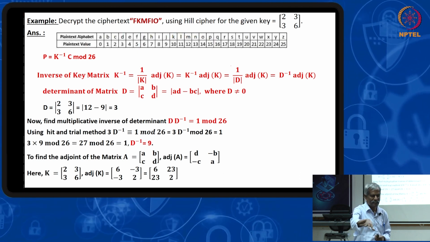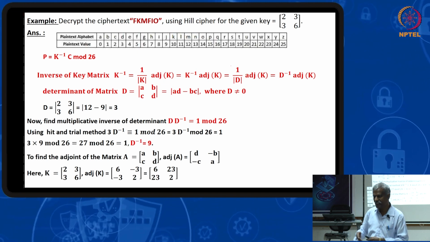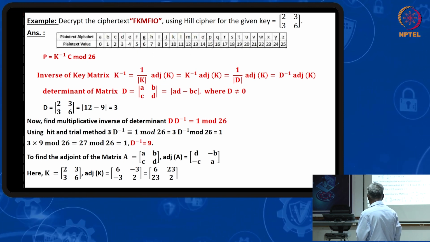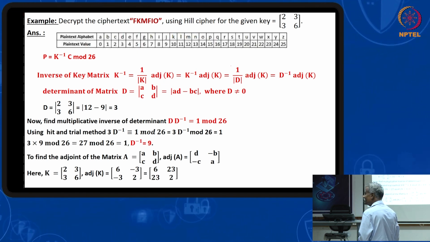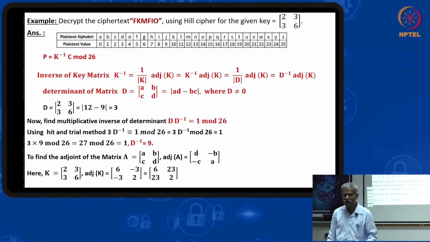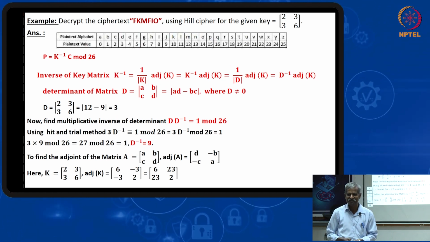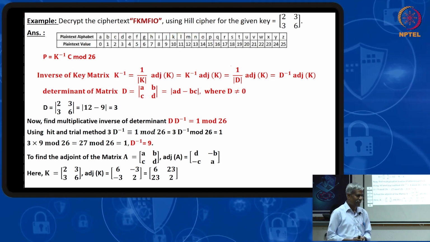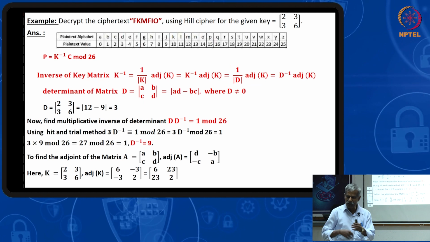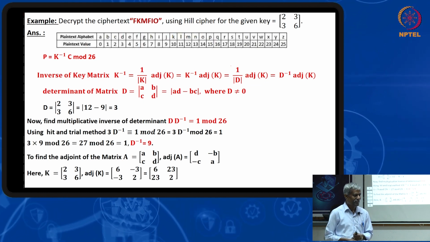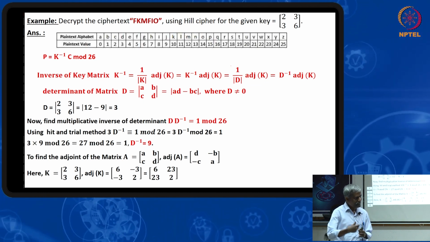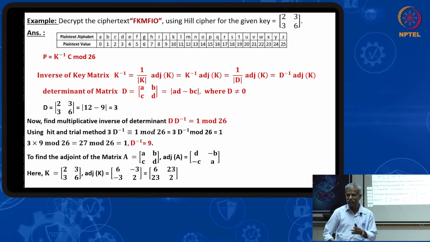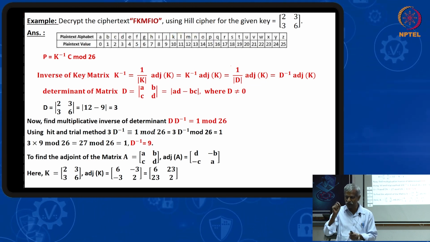So minus 3 plus 26 is how much? 23. So this minus 3 is equivalent to 23. 23 is equivalent to 49 also, I can write 49 also. 49 is also correct. One more 26 added will be 75 also. All are equal.